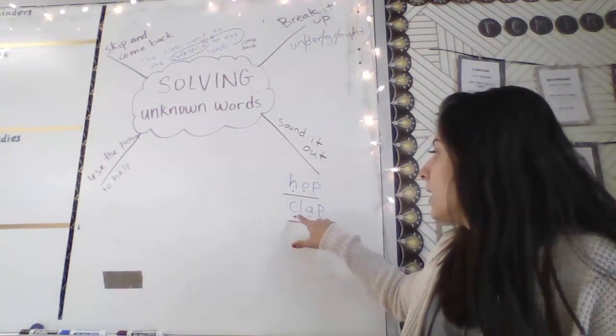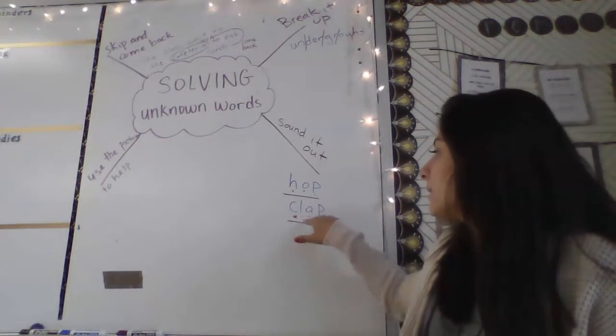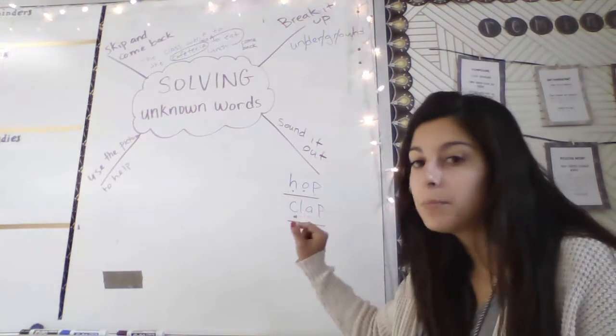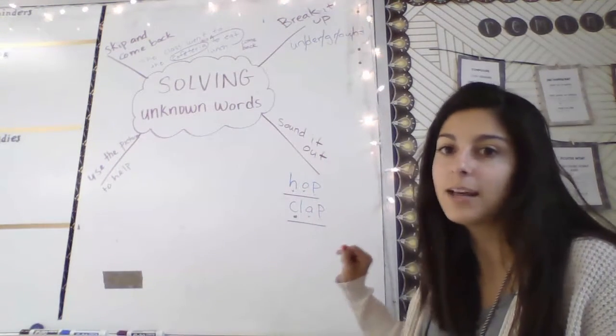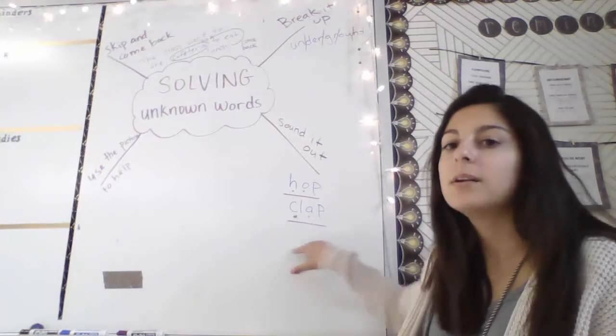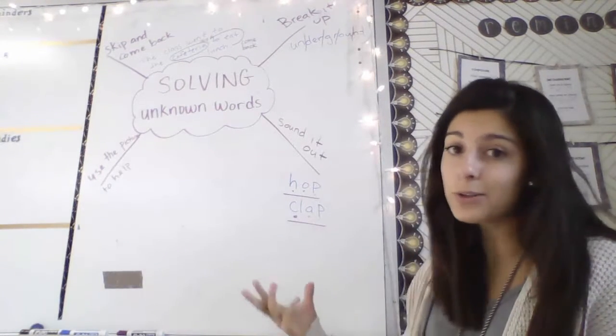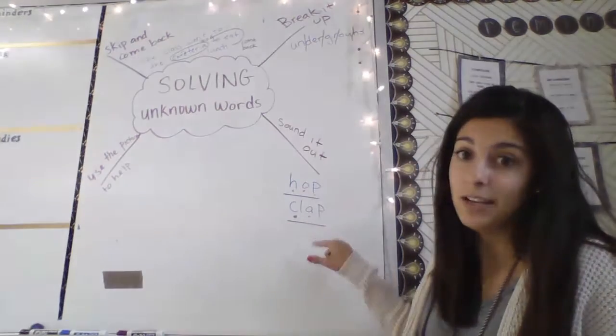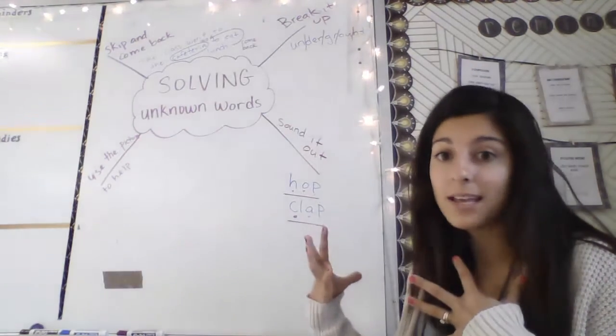So ready? Clap. Again, I'm sounding out each sound that's in the word. Clap. We also learned that when the words are bigger, it's harder to do sound it out because there's just so many letters and so many sounds.